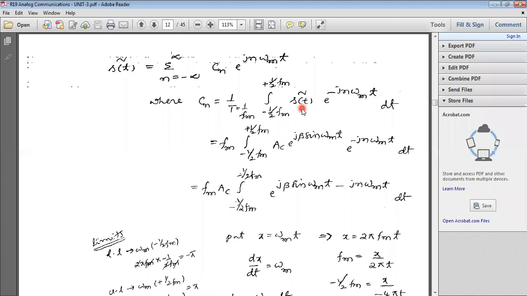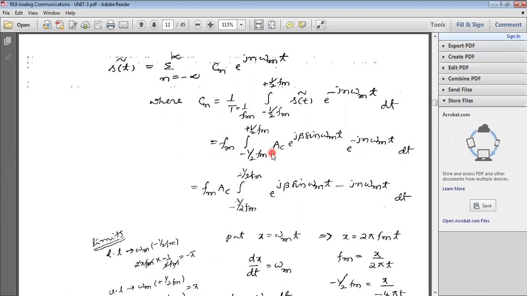So what is the complex value of s of t? Ac into e power j beta sine omega mt. Just substitute that value. Already I told you 1 by Fm becomes Fm and the limits are the same, minus half Fm to plus half Fm. Substitute the complex envelope of the signal, which is Ac into e power j beta sine omega mt, into, again rewriting the parameters as they are, e power minus jn omega mt dt.